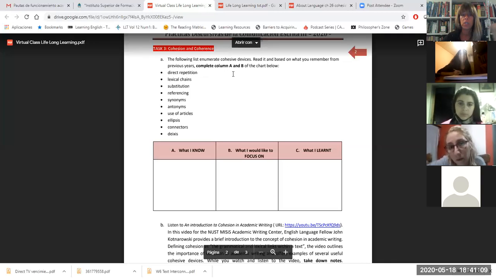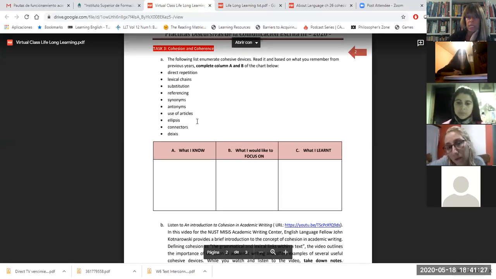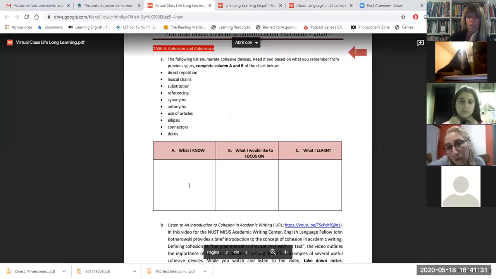We discussed direct repetition, lexical chains, substitution, referencing, and by reference we mean anaphoric and cataphoric reference, the use of synonyms and antonyms, the use of articles, ellipsis, and connectors.